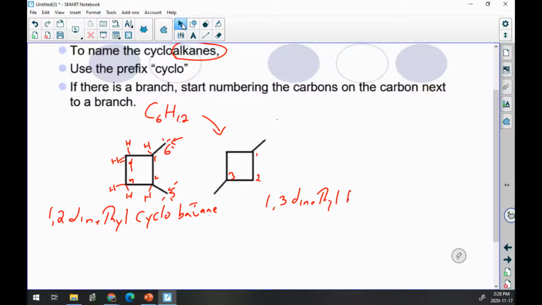And then we have our cyclobutane, because we have the ring formed with that. That's the smallest number of carbons you can have that forms a ring. Yeah, 3. Smallest cyclo is 3.